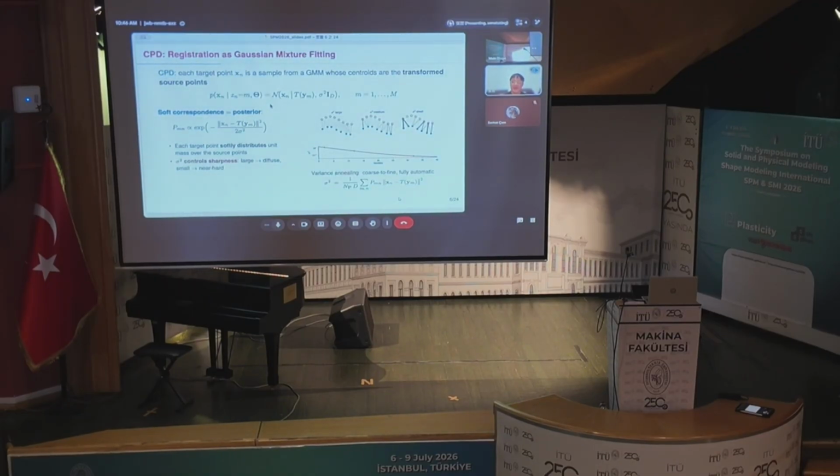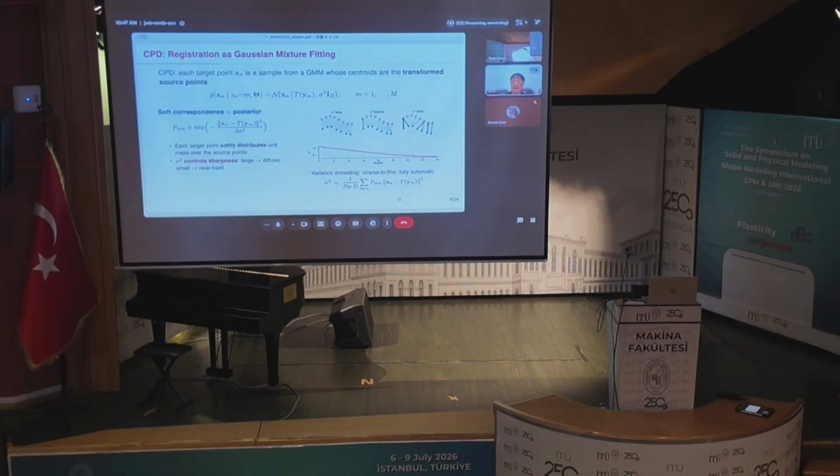Now CPD gives a better answer. It does not make a hard choice. It makes a softer choice with probability. The model is a Gaussian mixture model. It uses a softer correspondence, a posterior probability. In this formula, when 2 points are close, the weight is large. When they are not, the weight is small.